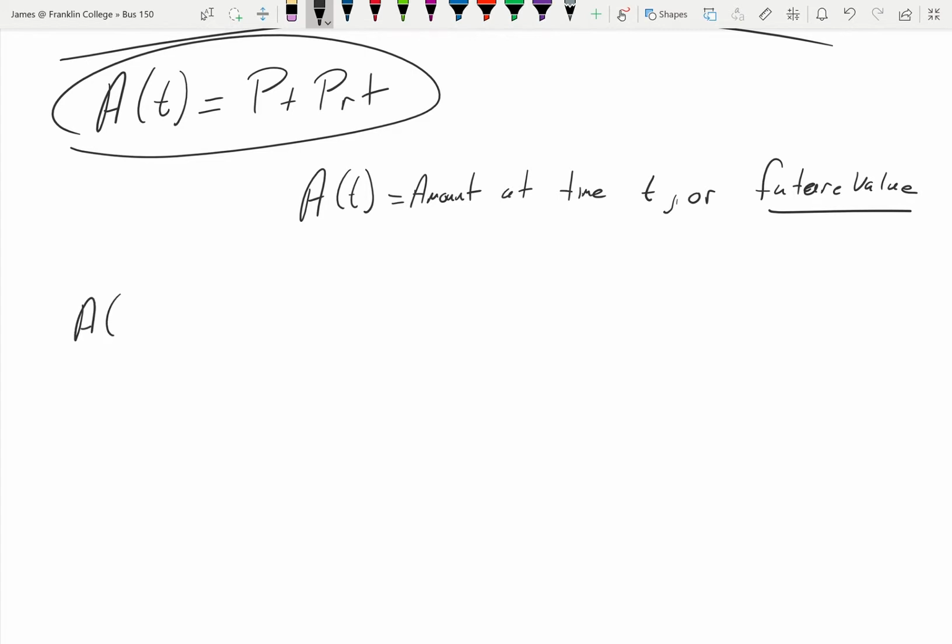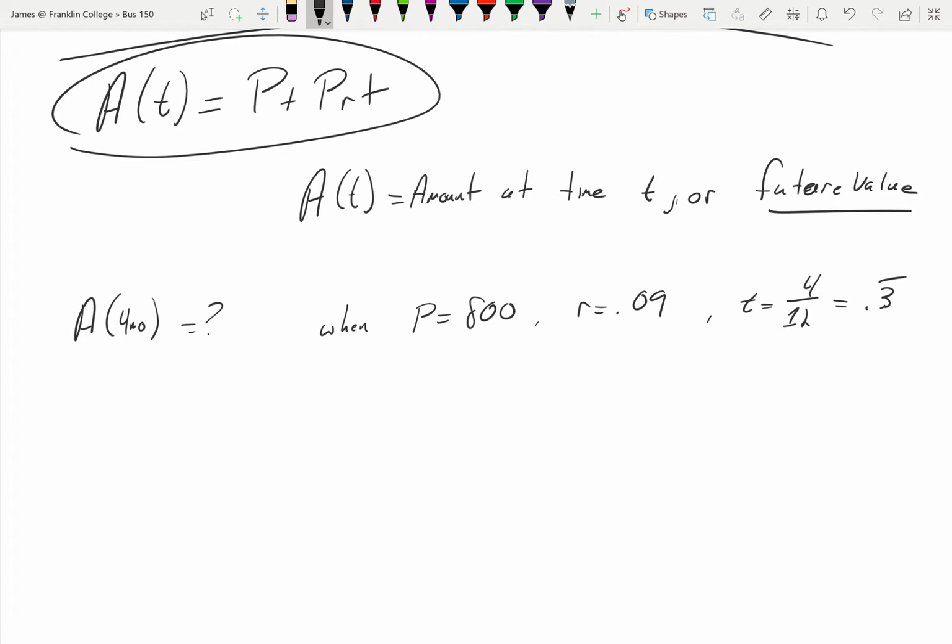So we might be interested in, hey, what's a 4-month investment equal to when P equals 800, R equals 0.09, so an annual interest rate of 9%, and we know that T is going to equal 4 divided by 12, which equals 1/3.